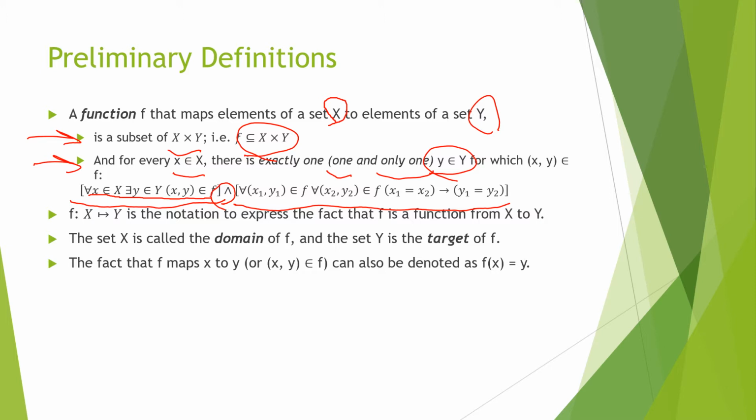This is the same statement that we said before, which means for every element in the domain, there should be at most one element in the target, which means that if the first entries x1 and x2 are equal, the second entries have to be equal too, because if the second entries are not equal, it means that one element in the domain is mapped to more than one element in the target.